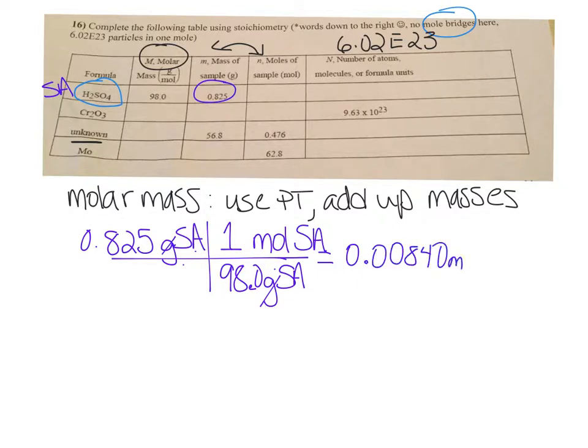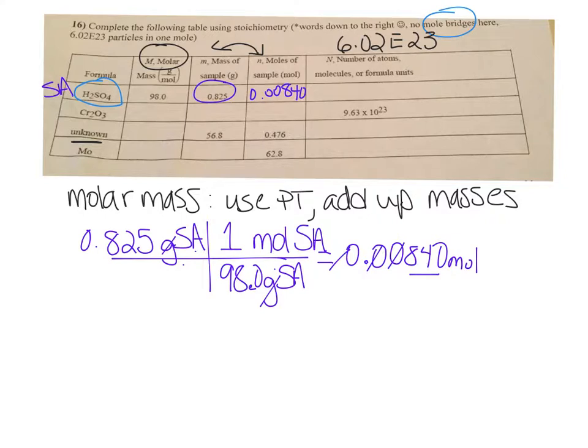So when we plug this in, we're going to end up with 0.00840 moles. Notice, none of these zeros counted, so I went ahead and took it to 3 sig figs because that's what we have on both of these numbers, okay? All right, so that's going to be our moles of sample, 0.00840 moles.